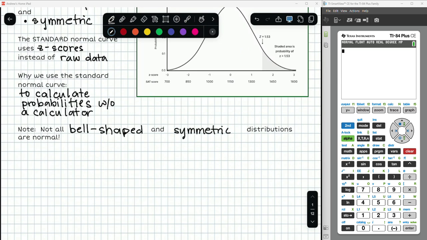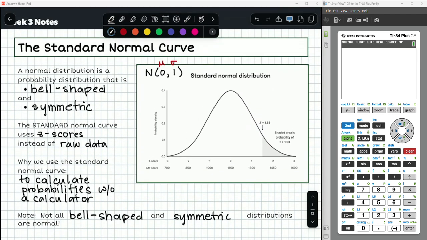There are some other properties about the normal curve that we're going to talk about in another video later in this week. But for now, you need to remember standard normal is bell-shaped and symmetric with a mean of 0 and a standard deviation of 1, and it's based on z-scores.